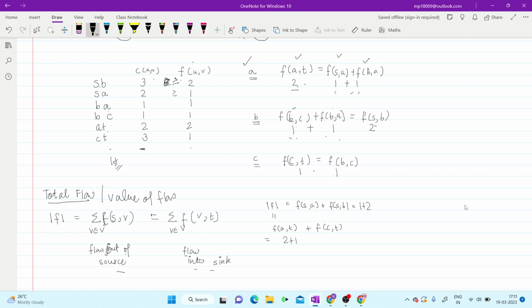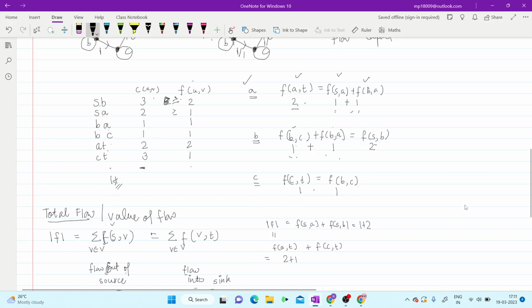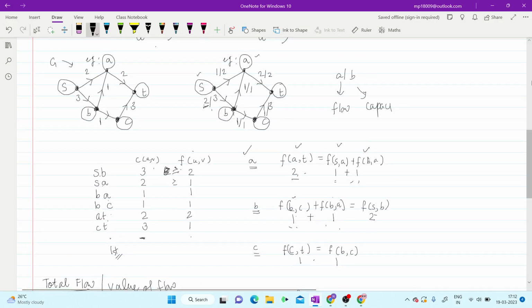There's another way to compute the value of flow, that is we compute flow into the sink vertex. T is the sink vertex. We can add the flow over the edges coming into T. Due to the conservation law, both these quantities are the same, hence we can calculate the flow with either of them. So in this particular example, there are two ways.